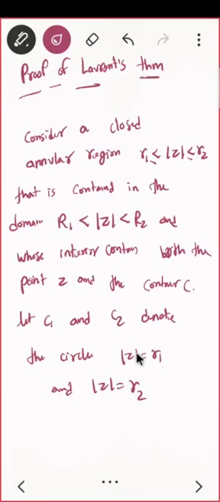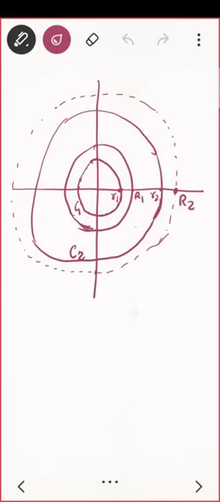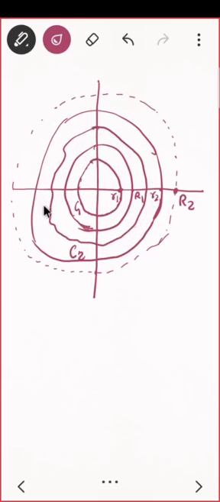Mod z equal to R1 is C1, mod z equal to R2 is C2. And there will be my curve somewhere. The curve is in the annular region, that is my contour C. In between, this is my contour C. So my C1 is here, my C2 is outside, and the contour is inside.